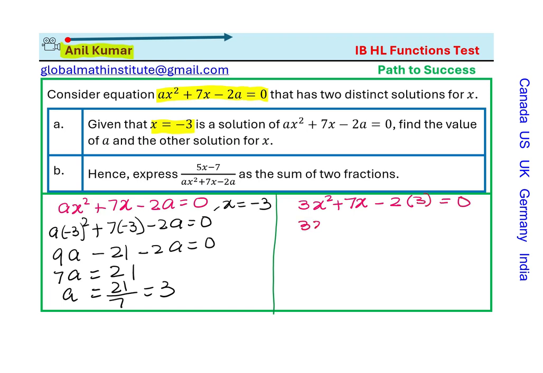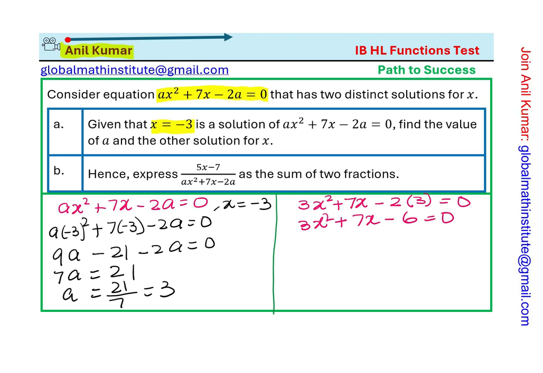So we have 3x squared plus 7x minus 6 equals 0. So you're looking for product and sum. We can also do direct factoring. However, I'll walk you through these steps.